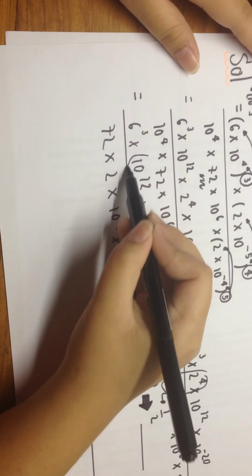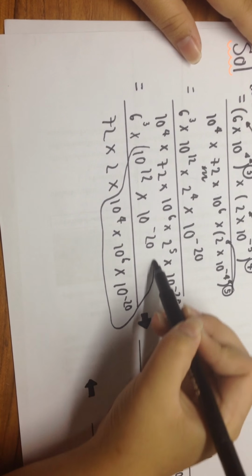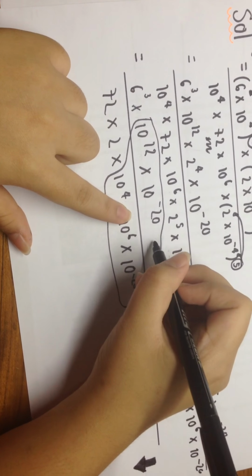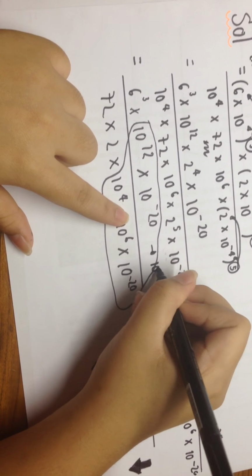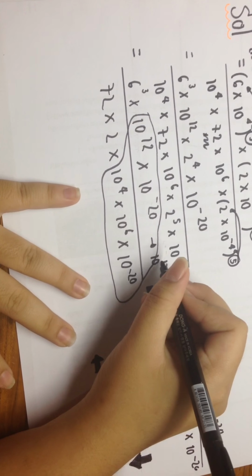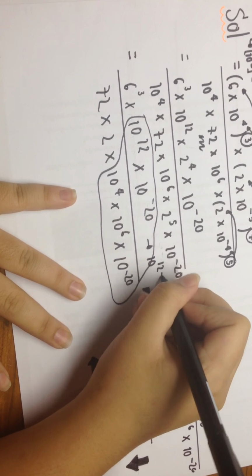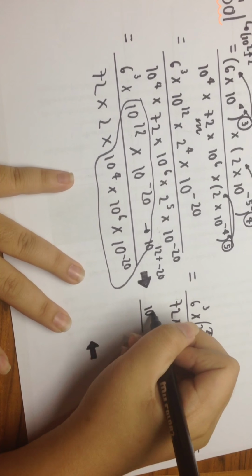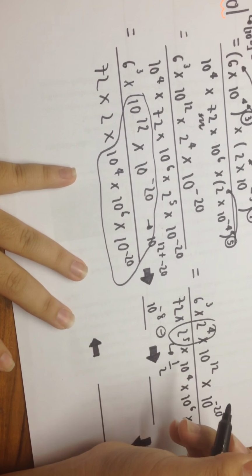So you look at this one. 10 to the power of 12 times 10 to the power of minus 20 is equal to 10 to the power of 12 plus minus 20, which is equal to 10 to the power of minus 8, right?